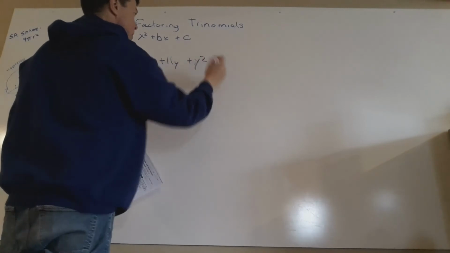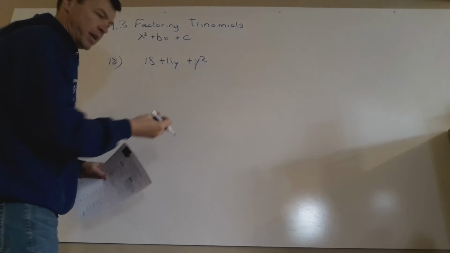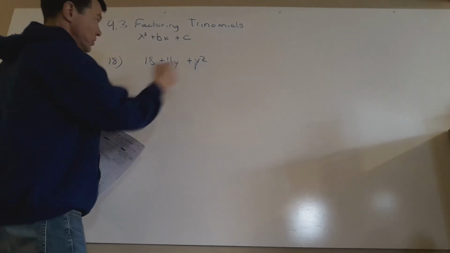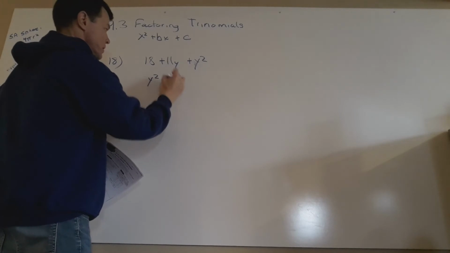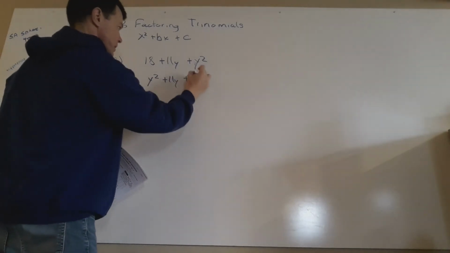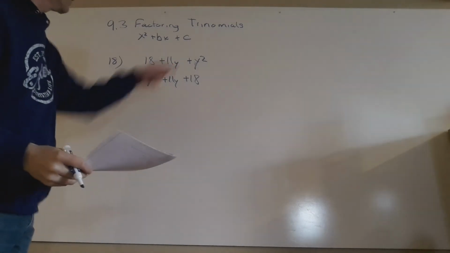This is just in a different order. You can just switch these around so you have the y squared up front: y squared plus 11y plus 18. You might be more comfortable doing it that way. Otherwise, it's fine to leave it in the back.